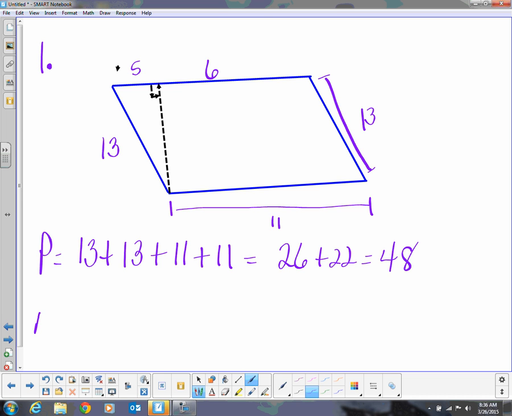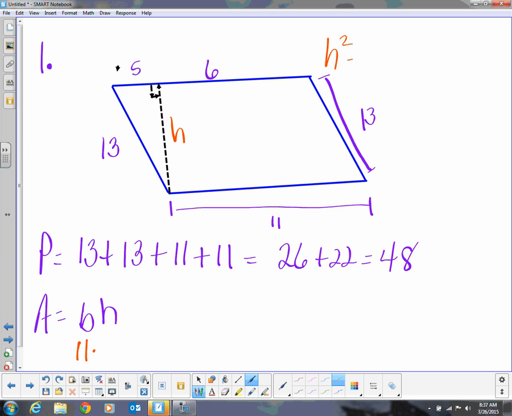Okay, how do you find the area of a parallelogram? Base times height. What's the base? What's the height? Oh, how do you find it? Oh, it's not. Why isn't it 30, 60? Doesn't tell you. Why isn't it 45, 45?